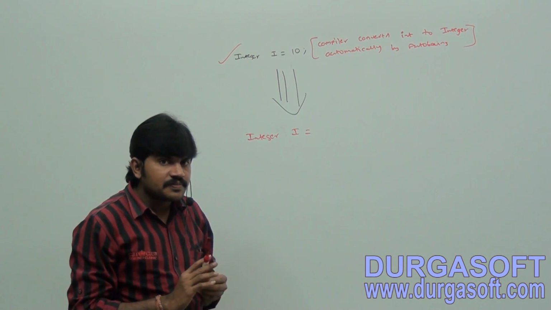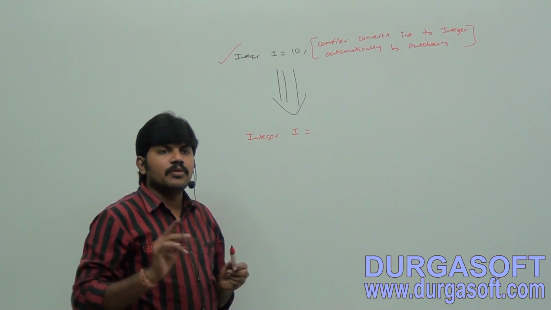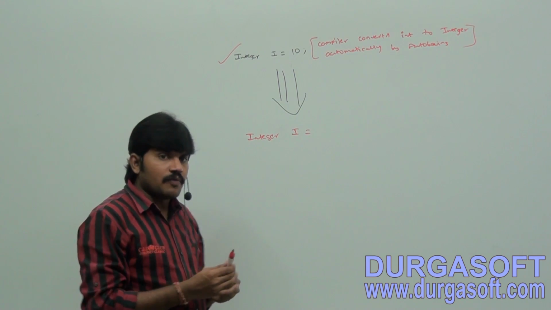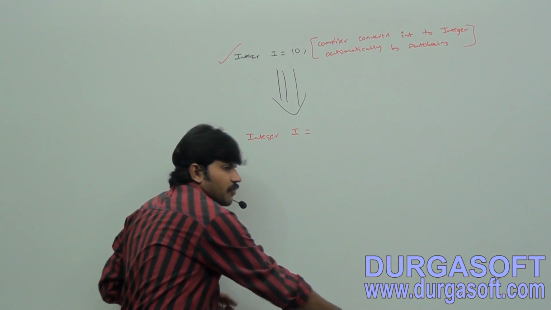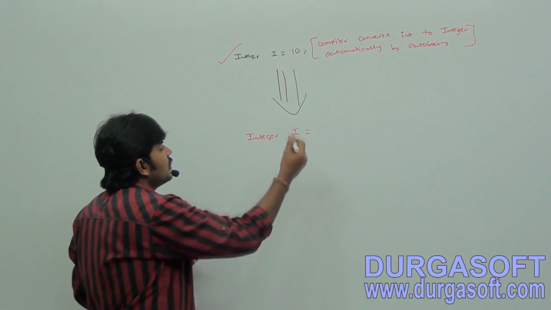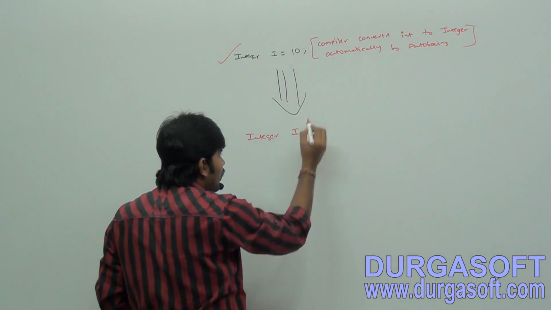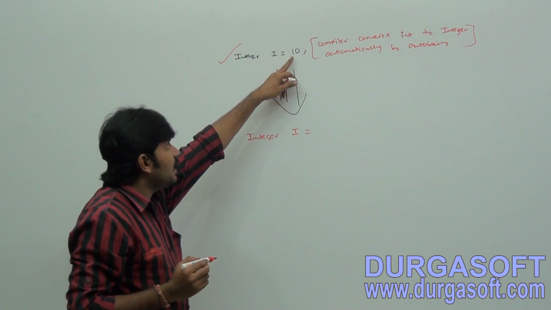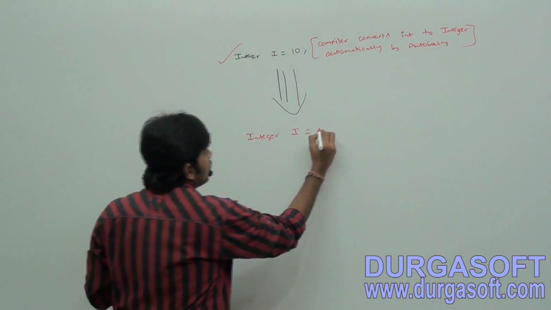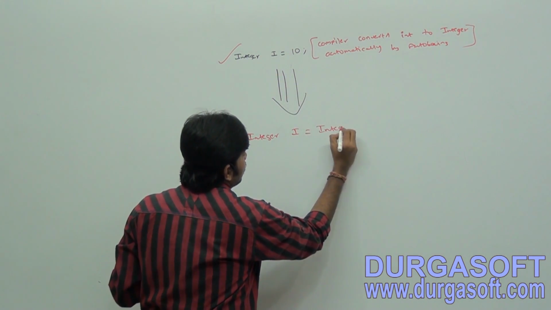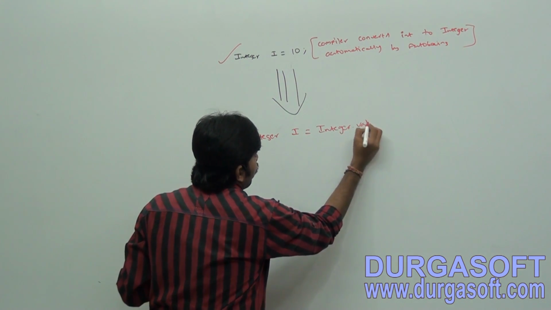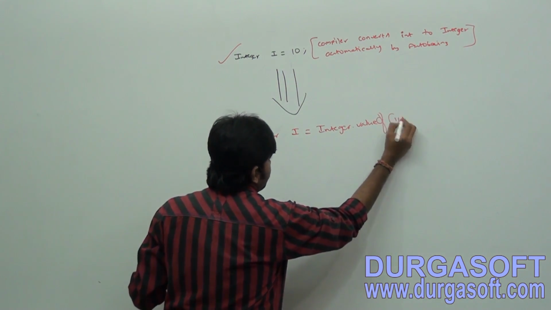Which method is required? valueOf. At the time of compilation, this line will be replaced as Integer.valueOf(10).